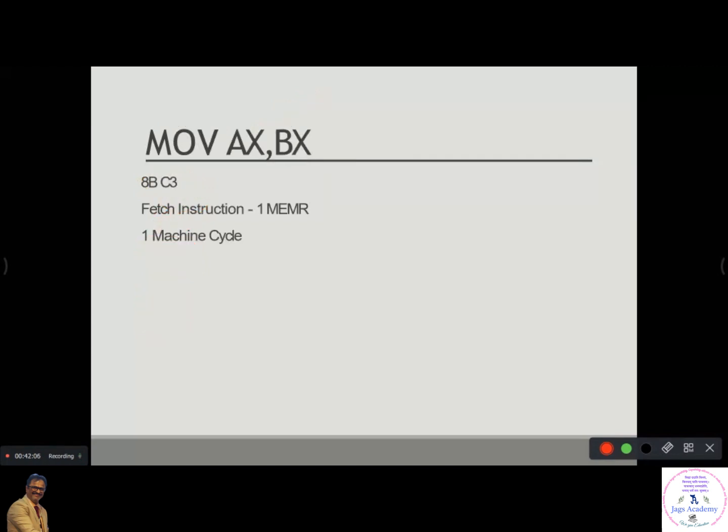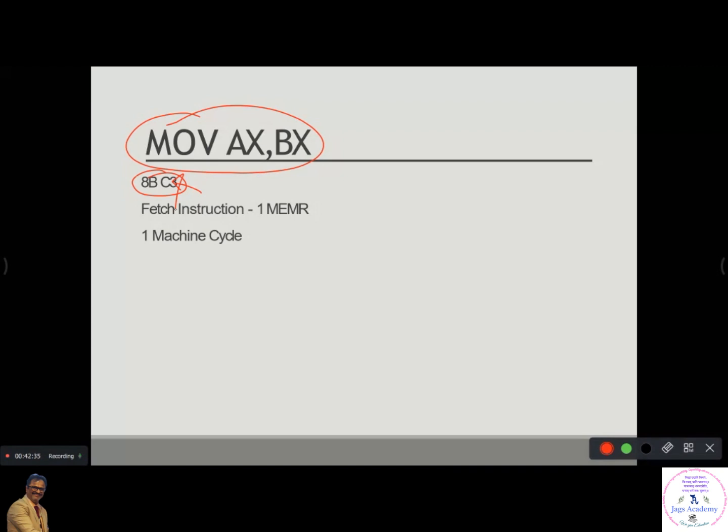Now let us see how you calculate machine cycles. See here. You have an instruction MOV AX, BX. This is the opcode, the machine code. This is what's stored in the memory when you write a program.